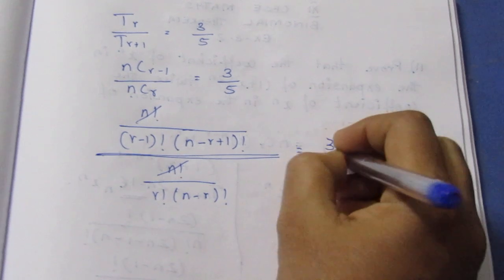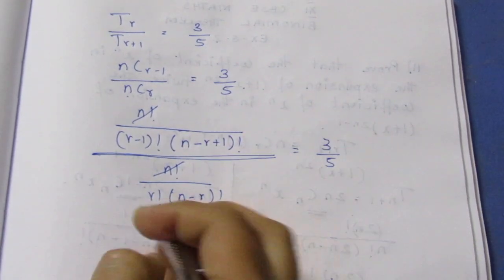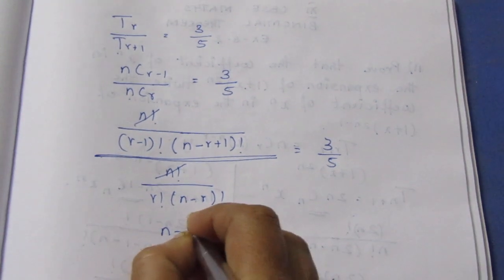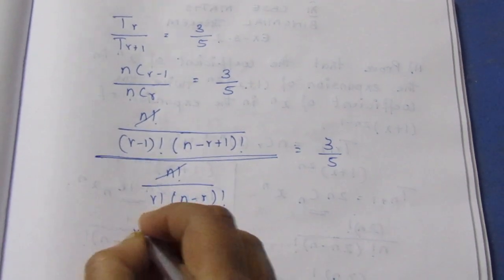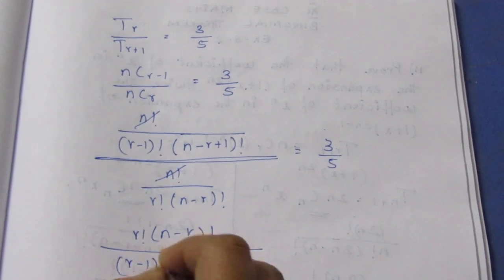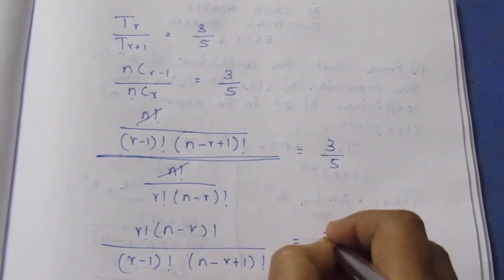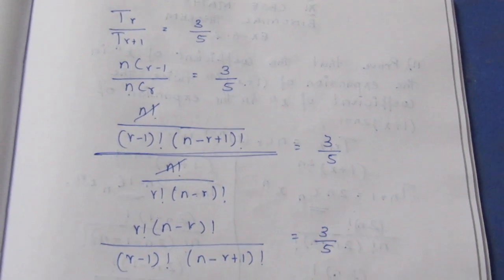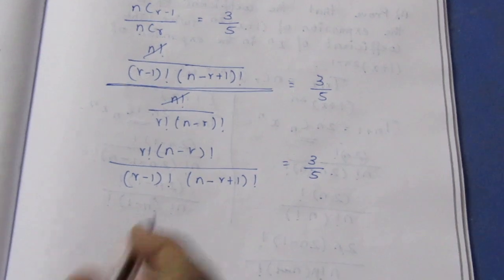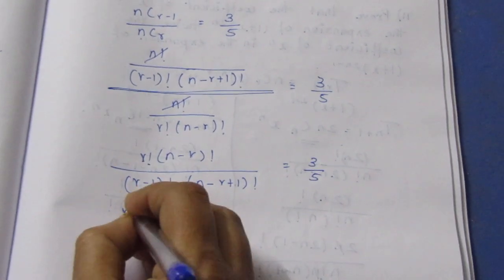I am going to take this as a reciprocal. So this comes in the numerator. It becomes (n minus r) factorial into (n minus r) factorial by (r minus 1) factorial into (n minus r plus 1) factorial equal to 3 by 5.